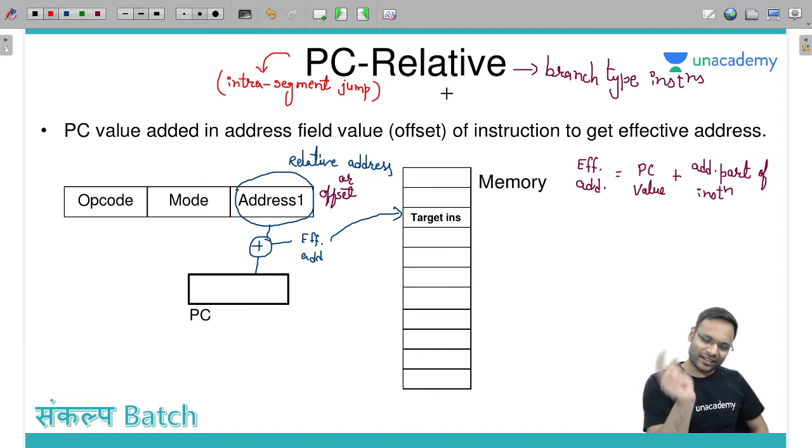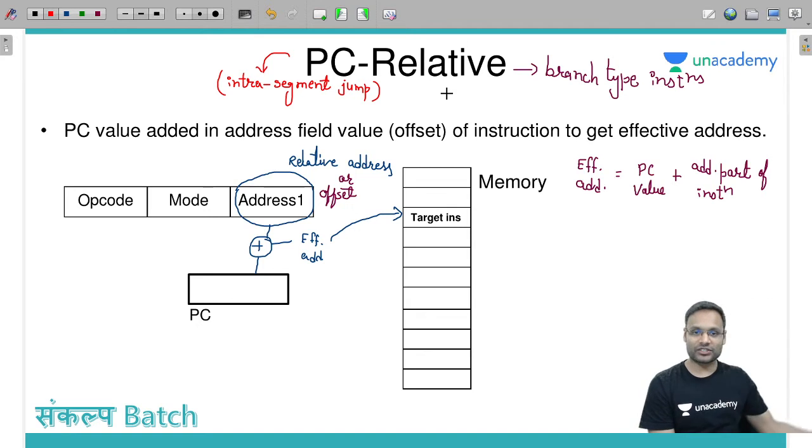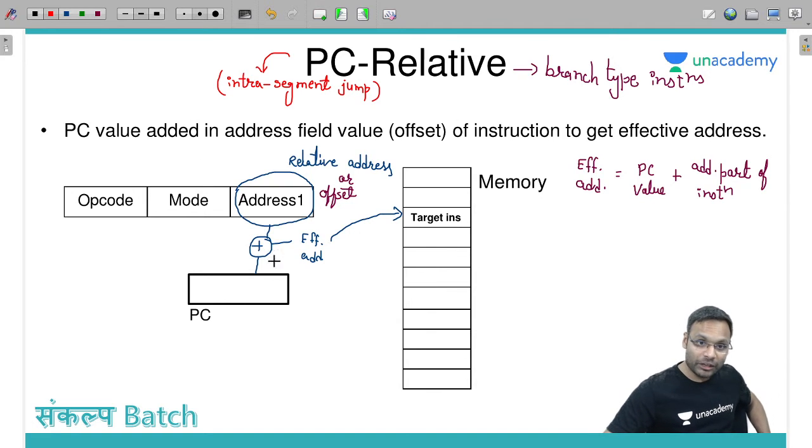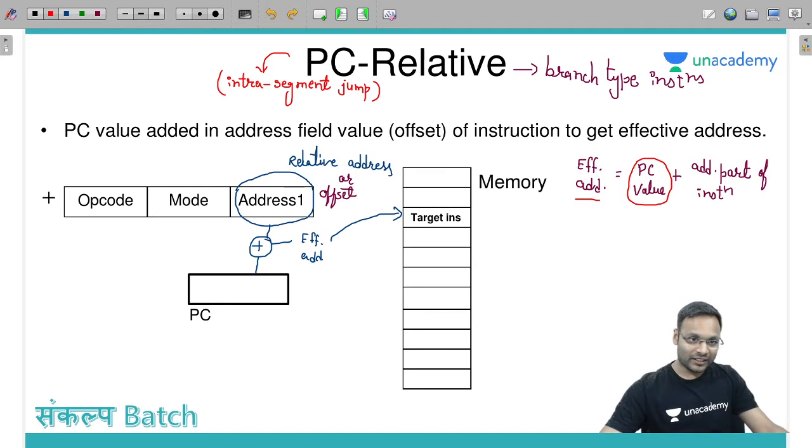अच्छा, एक चीज का आप आंसर बताओ कि PC holds the current instruction's address or the next instruction's address? PC holds the current executing instruction's address or the next instruction's address? Next instruction's address means when we will be calculating this effective address, this PC value will be the address of this instruction or next in the sequence. This current instruction का address PC में रहेगा या next का रहेगा?